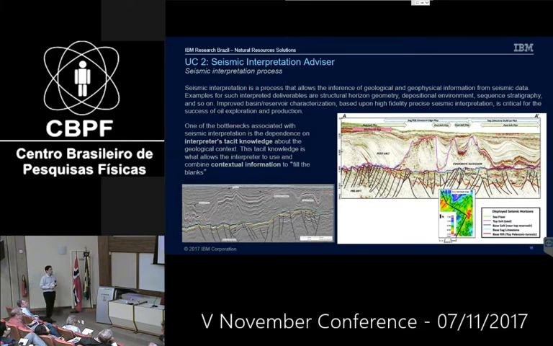We start with the question of how to help the interpreter with the task of understanding the subsurface when you have some images or some information about it. I believe for the audience here, seismic images are not something new, but we know that they have a lot of uncertainty, and it's an interactive process. We start with some model in our head.